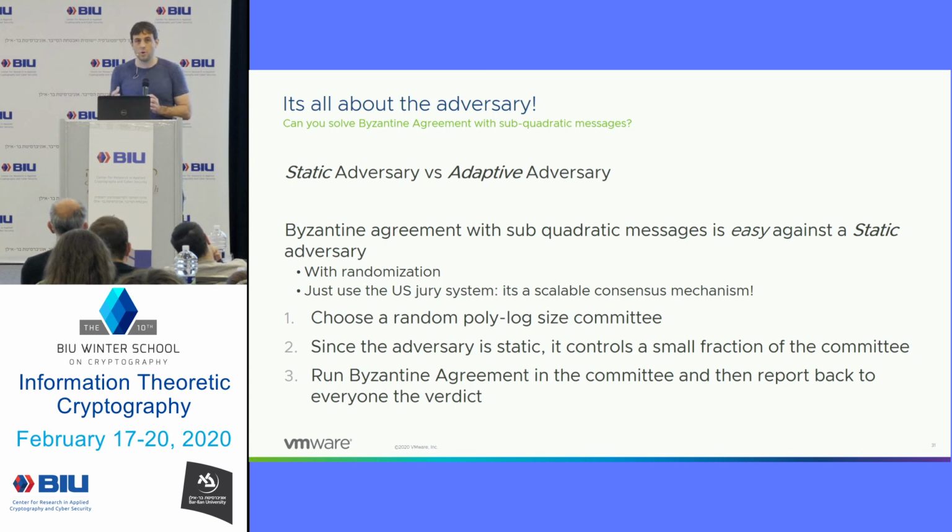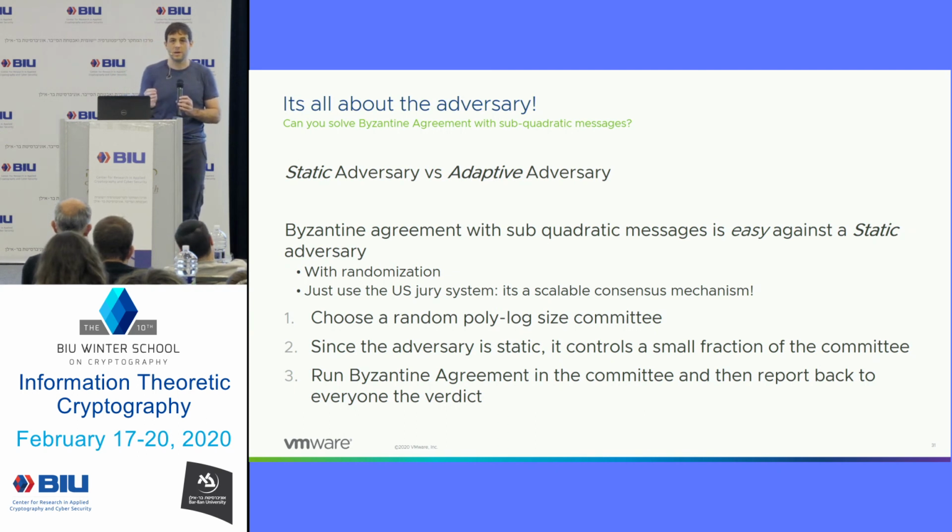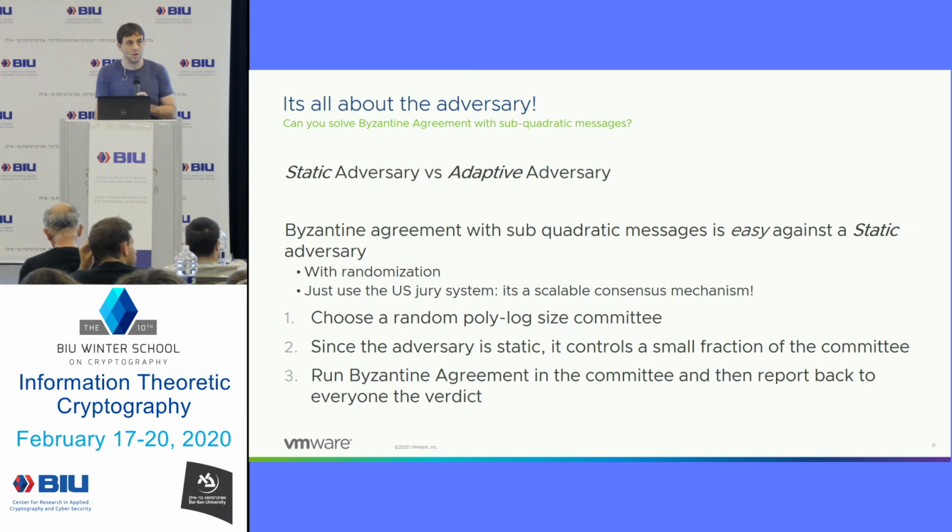So what I'm going to show is a lower bound when the protocol is deterministic. You can think about deterministic protocols as an initial reason why quadratic messages are needed. Again, in a deterministic protocol, there is no issue of being adaptive or not adaptive.